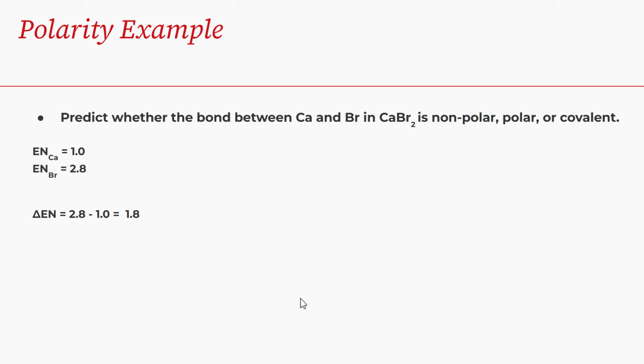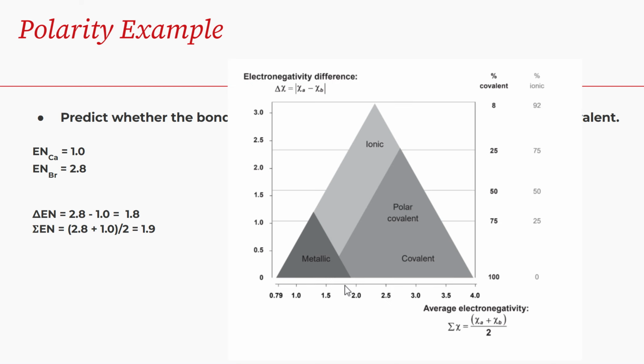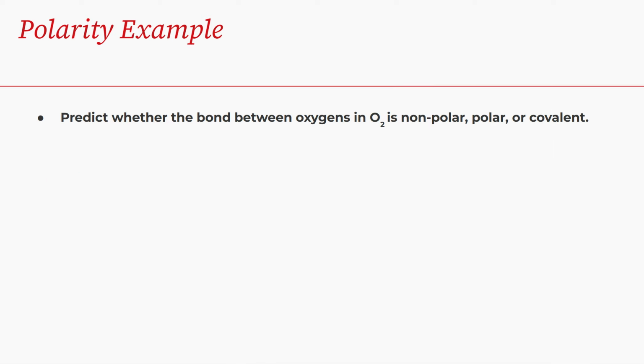So the difference in electronegativity is 1.8, and the average electronegativity is 1.9. We look at our graph here. We go 1.8, which is about right here, and then 1.9, which is about here, and that is obviously in the ionic section. So we say that is an ionic bond.